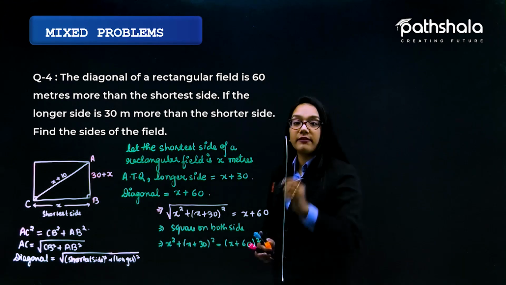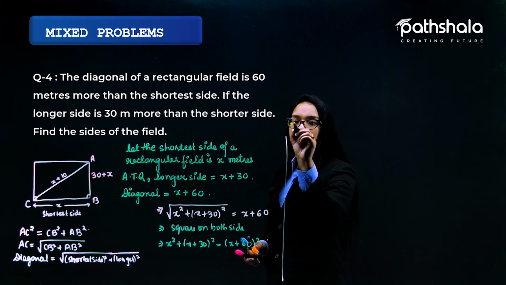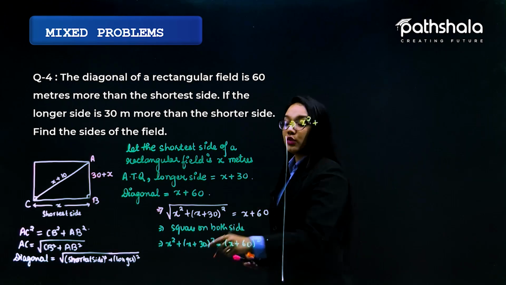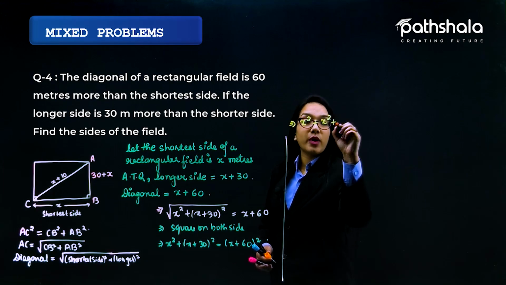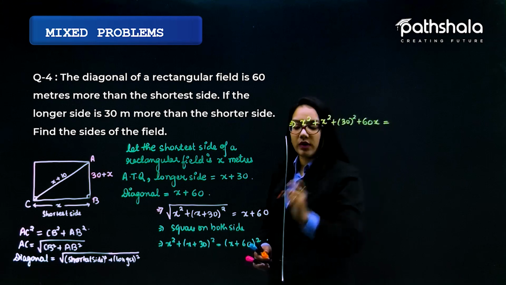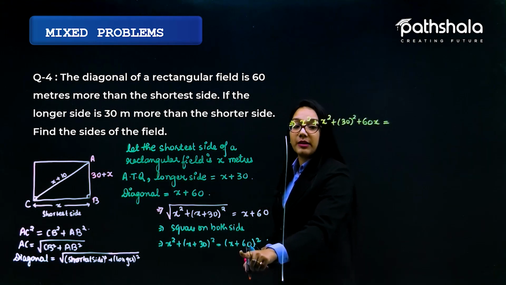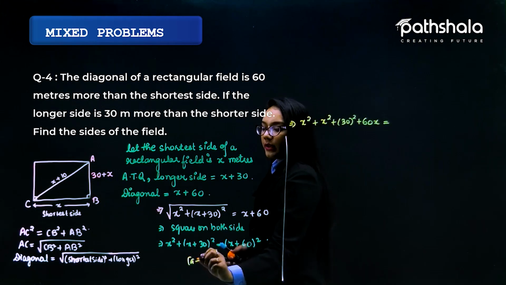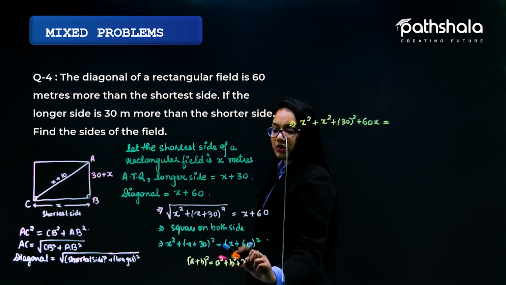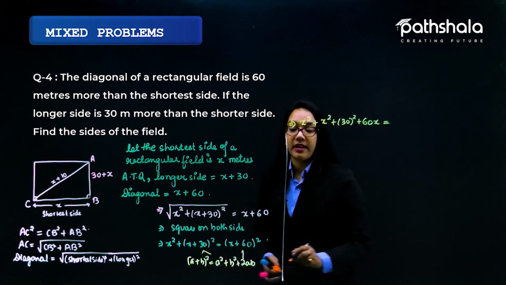Now let's just solve it further. So again we have the equation as x square plus (x plus 30) whole square. We can use the algebraic identity over here. So this would be x square plus 30 square plus 60x, which is equal to, again using the algebraic identity (a plus b) whole square. We know that (a plus b) whole square is nothing but a square plus b square plus 2ab. So I'm using this identity both over here and here as well.